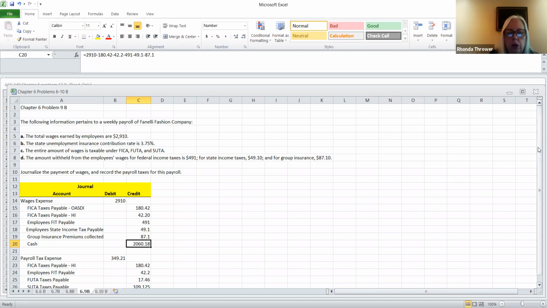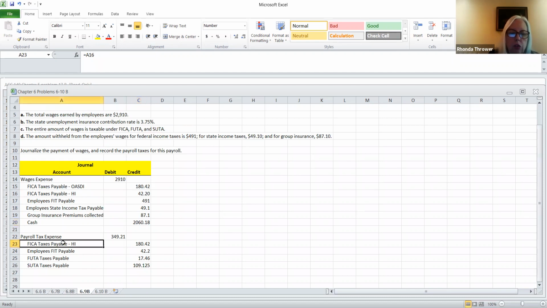For the employer share of taxes, we're going to debit our payroll tax expense, because expenses increase on the debit side. We don't know this amount until we have determined what the employer has paid as far as FICA taxes, which is the HI portion of this.